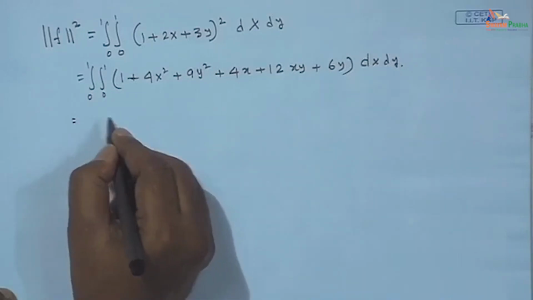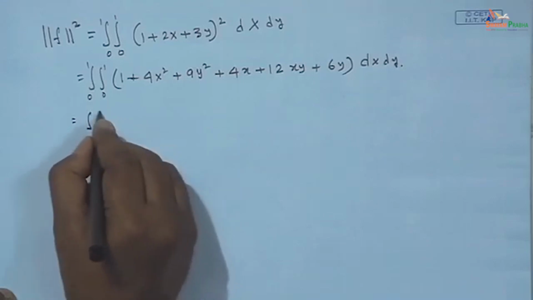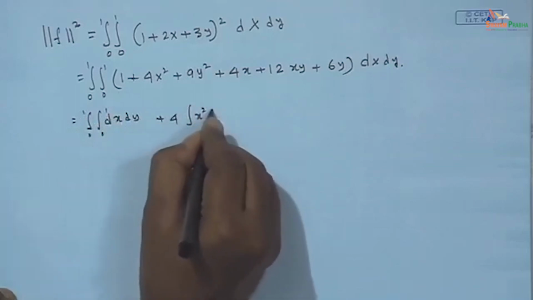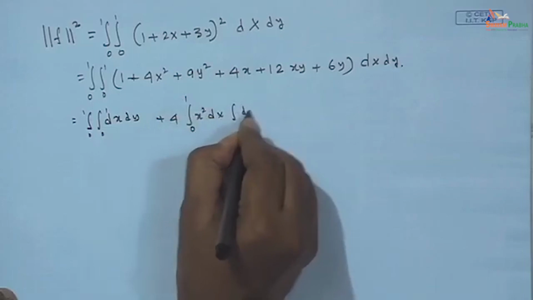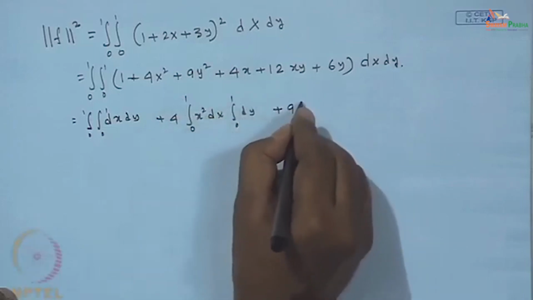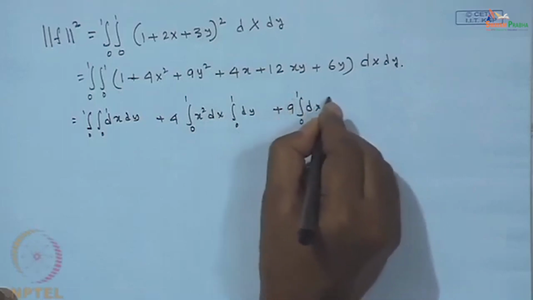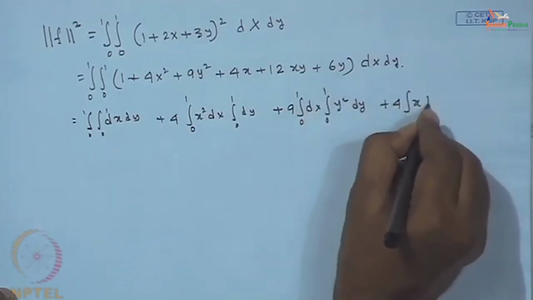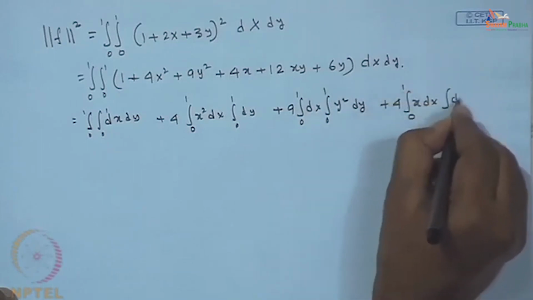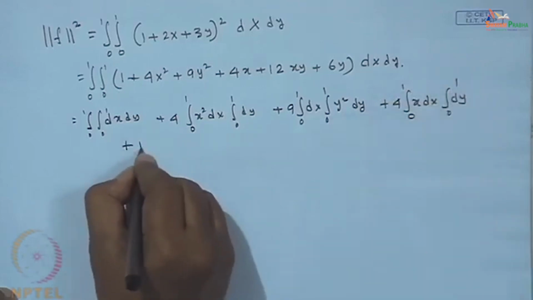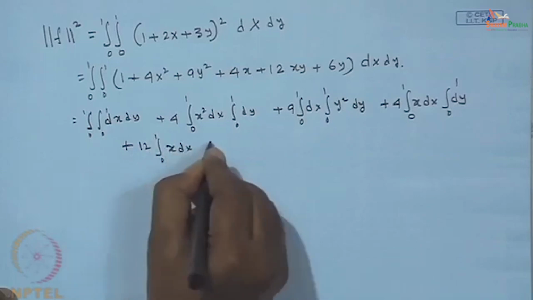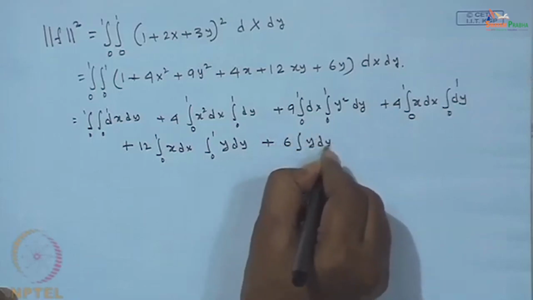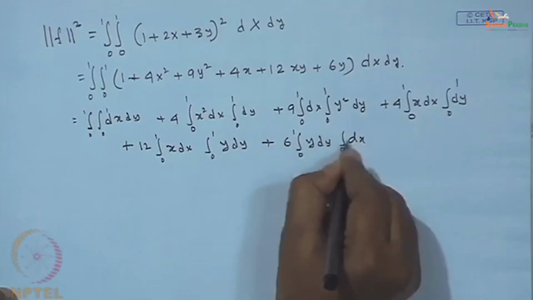So, it splits into the integral of 1 dx dy from 0 to 1, plus 4 times the integral of x squared dx from 0 to 1 times the integral of dy from 0 to 1, plus 9 times the integral of dx times the integral of y squared dy, plus 4 times the integral of x dx, plus 12 times the integral of x dx times the integral of y dy, plus 6 times the integral of y dy times the integral of dx, all from 0 to 1.